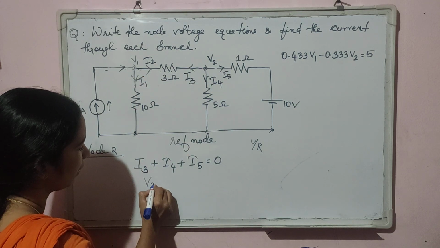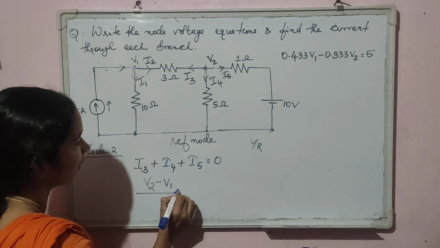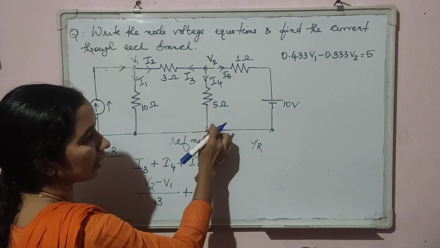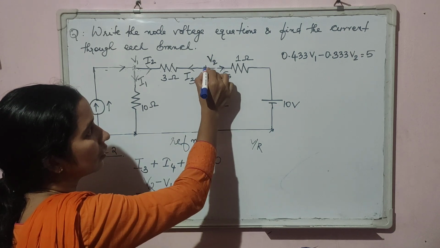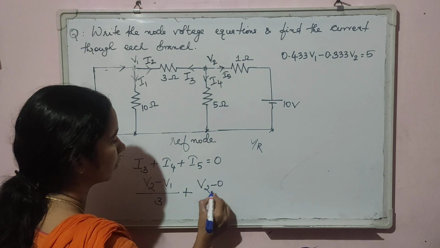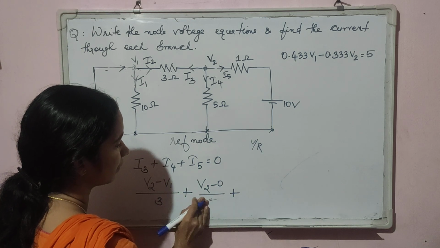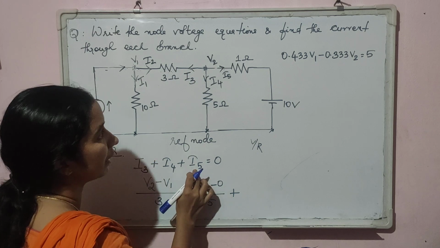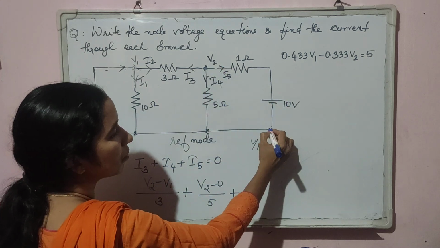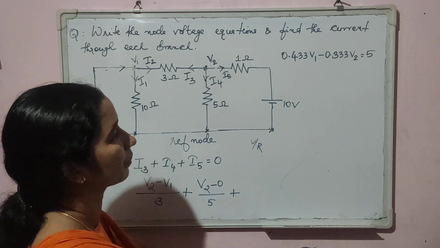So I3 will be V2 minus V1 divided by 3, plus I4. I4 is the current flowing through this branch. So V2 minus 0 divided by 5, plus I5. I5 is the current flowing through this branch. So potential of this point minus potential of this point. Okay.